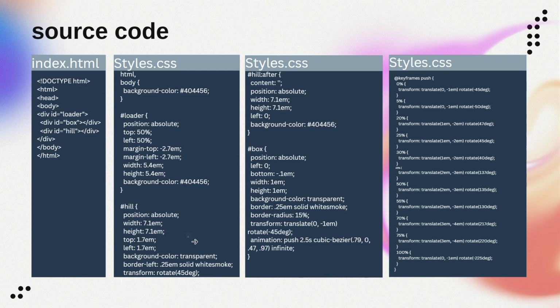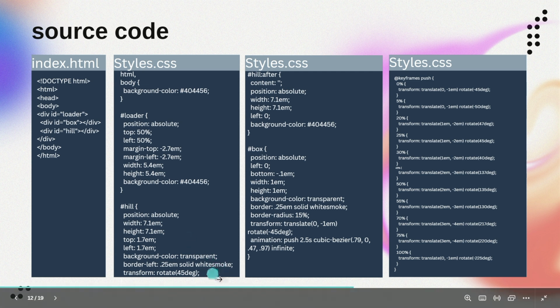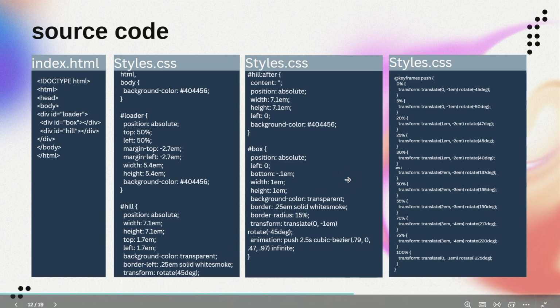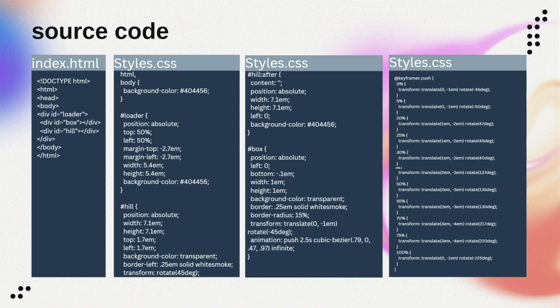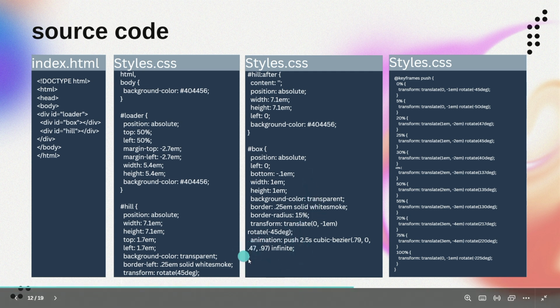The hill is rotated square with a visible left border, and it is transformed 45-degree to create a diagonal hill appearance. Then we have the box styling, which represents the animated box climbing the hill, and it is positioned at the bottom of the hill with CSS, and the movement is controlled by keyframes push animation.